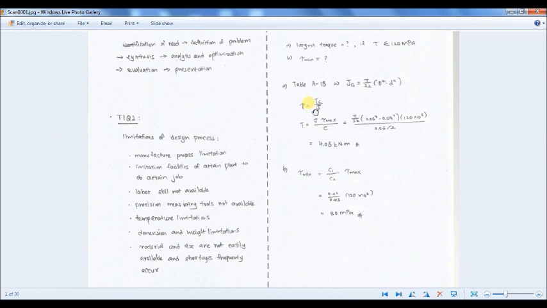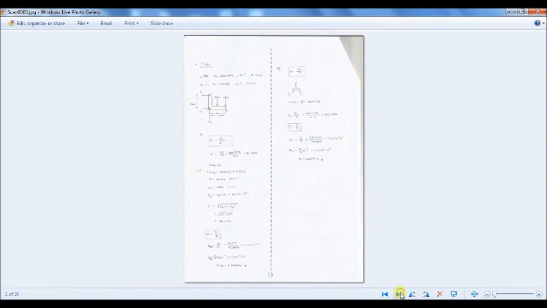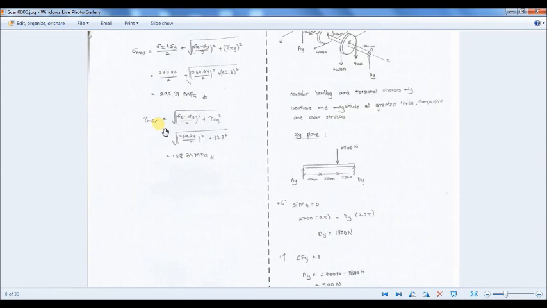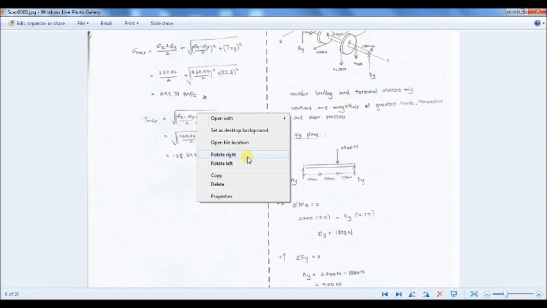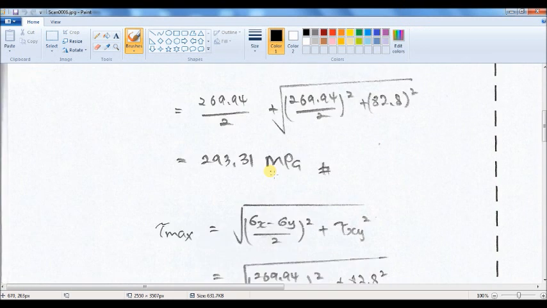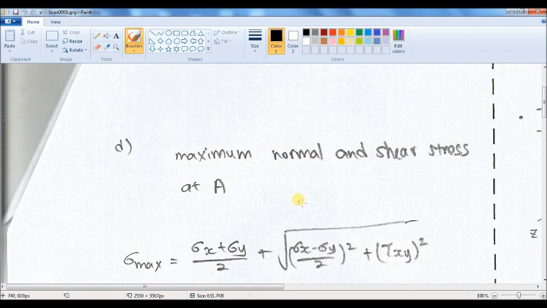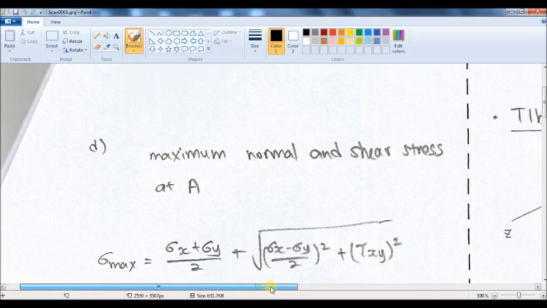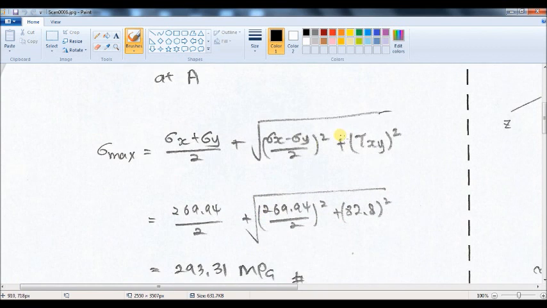Okay, so let's say we want to find the maximum principal stress or normal and shear stress.